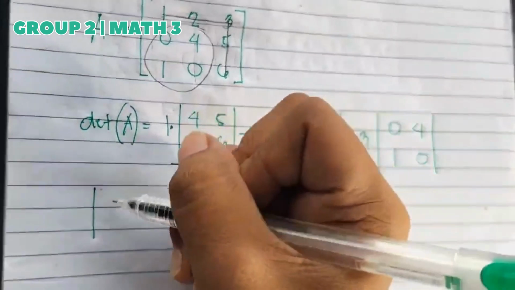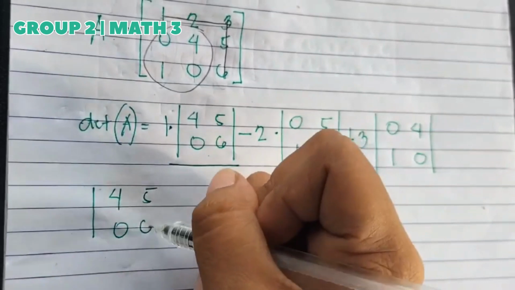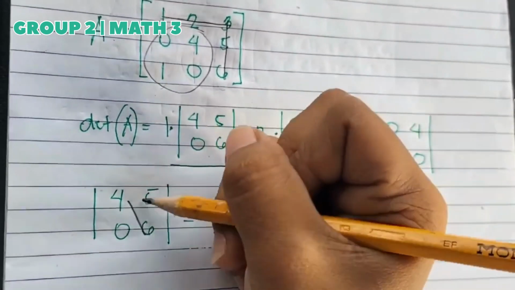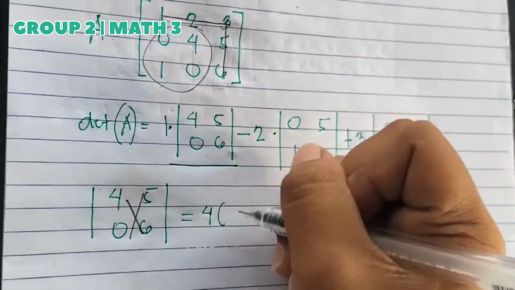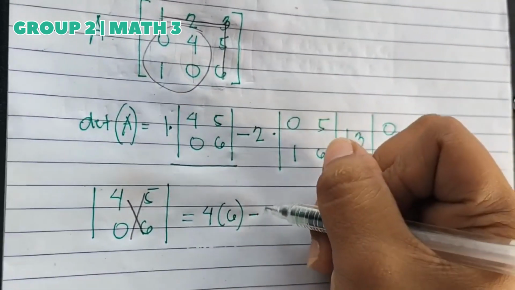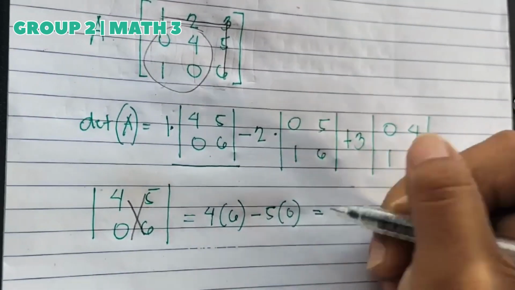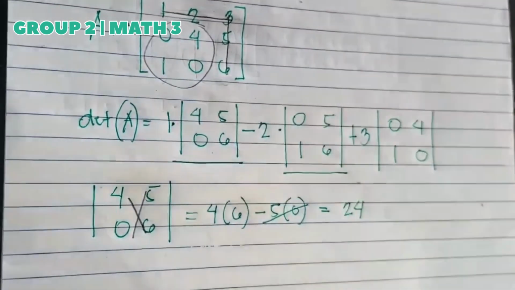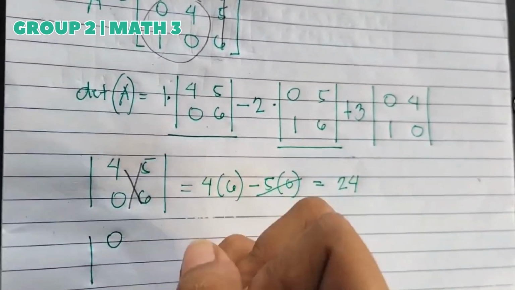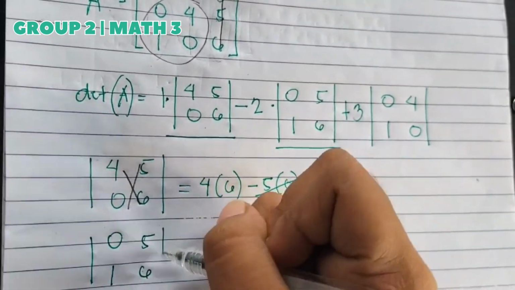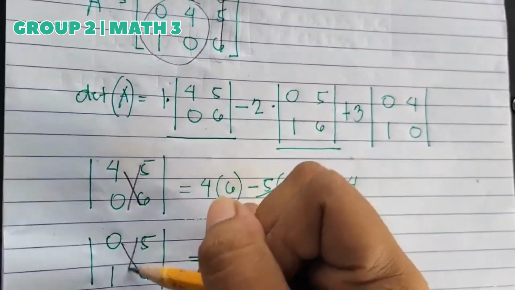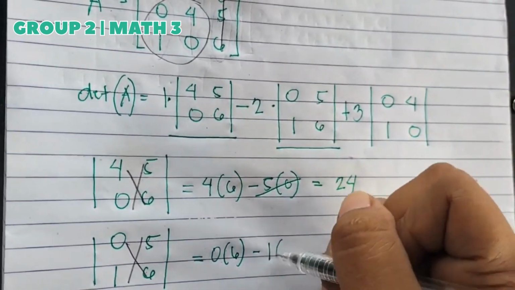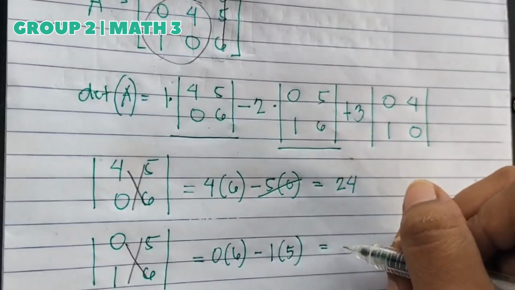Absolute value of 4, 0, 5, 6 equals, the first thing we have to do is to cross multiply. 4 times 6 minus 5 times 0 equals 24. Next, we have the absolute value of 0, 1, 5, 6, same process, cross multiply. 0 times 6 minus 1 times 5 equals negative 5.